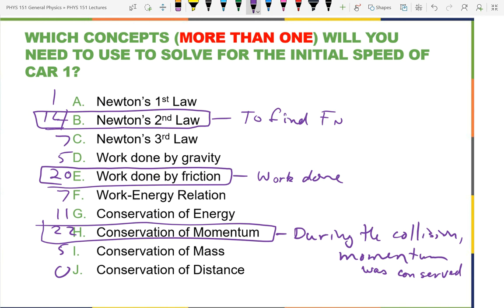Okay, next up is Alex. I did F, work energy relation, because to find the initial speed, you need to take the work done by friction. Nice. Final speed when it hits the other car.